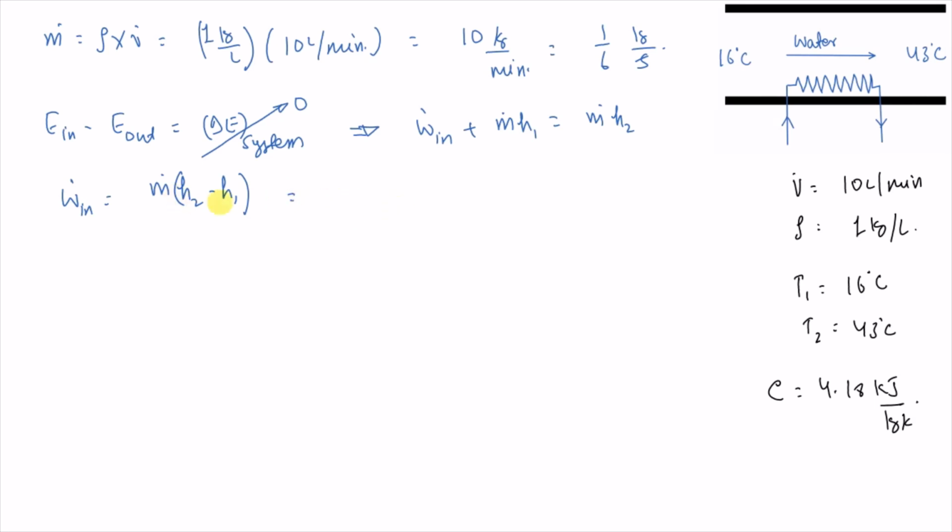So the formula for h2 minus h1 is m dot cp (T2 minus T1), or we can write c also because for water cp and cv is same.